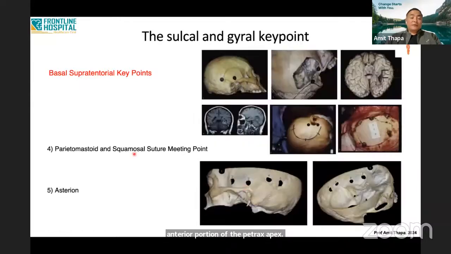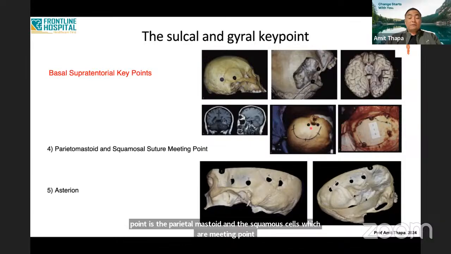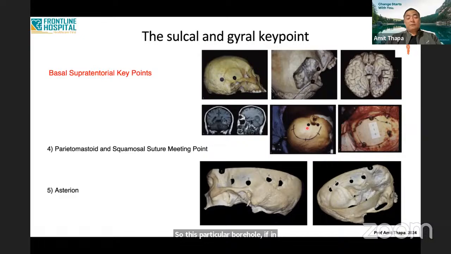And then the other key burr hole point is the parieto-mastoid and the squamosal suture meeting point. A burr hole made at this point can actually lead you to the lateral aspect of the posterior part of the petrous bone. And then is the asterion, which is basically just behind the parieto-occipital and the intersection of the occipitomastoid sutures.